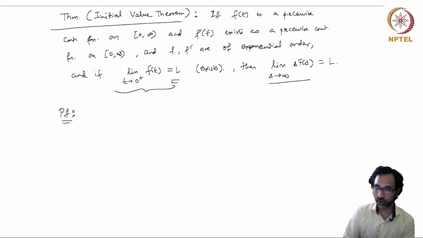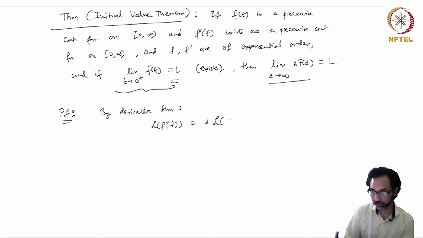All our assumptions are made to be applicable for the derivative theorem. So by the derivative theorem, we have that the Laplace transform of f'(t) is equal to s times the Laplace transform of f(t) minus the limit as t tends to 0 plus of f(t).